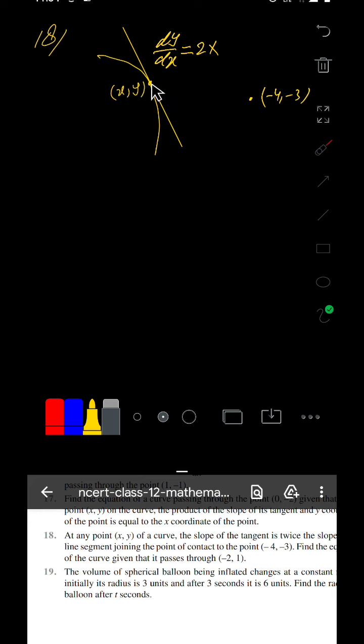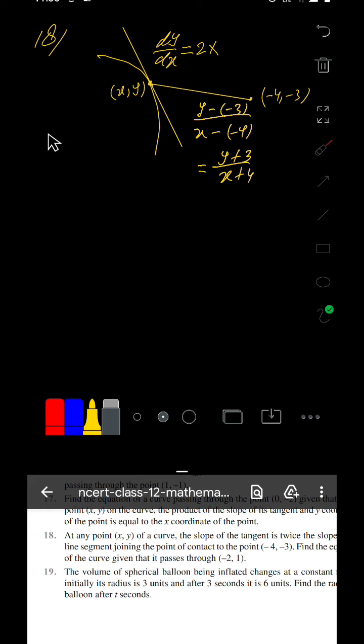So the line segment joining x comma y and the point minus 4 comma minus 3 has slope y plus 3 upon x plus 4.